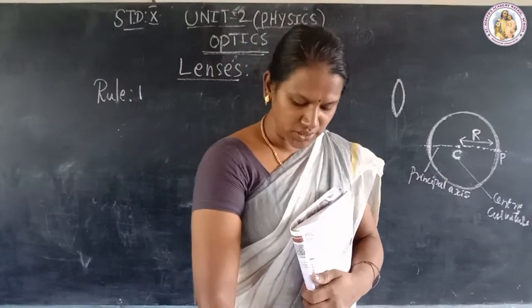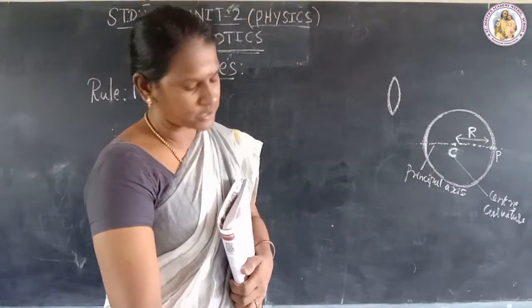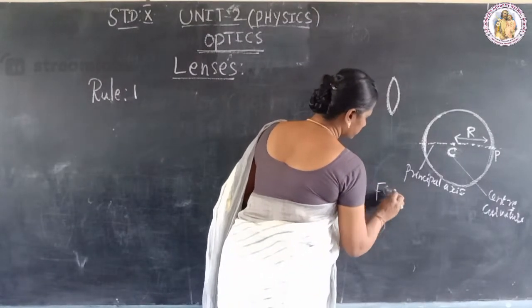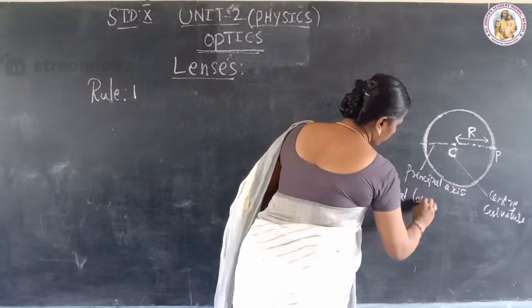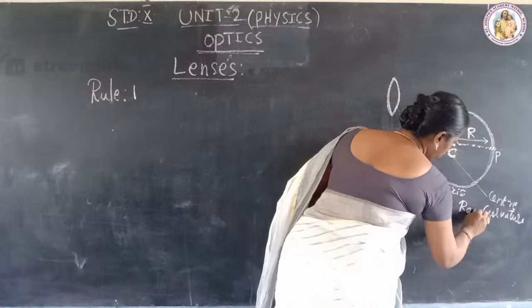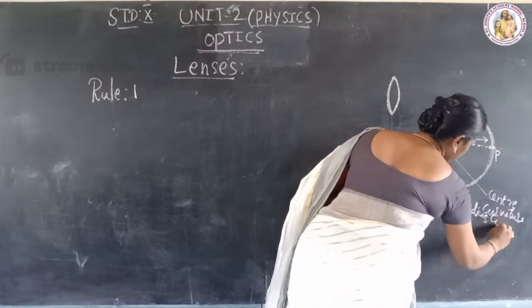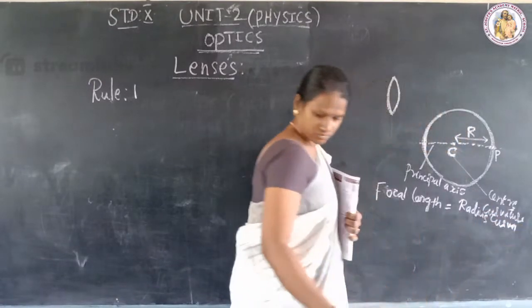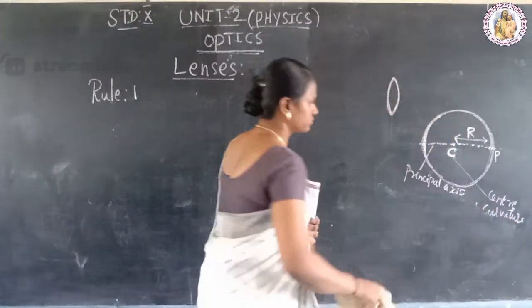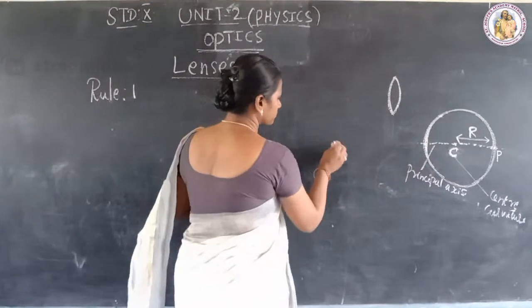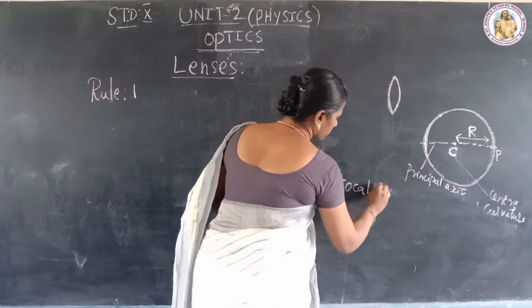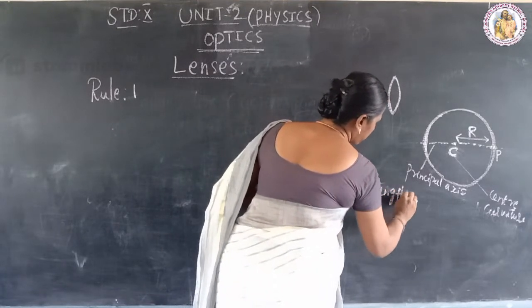There is a relationship between the focal length of a spherical mirror and its radius of curvature. What is that? This is an important formula.